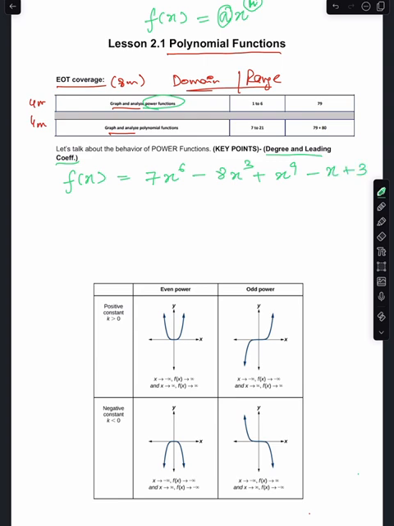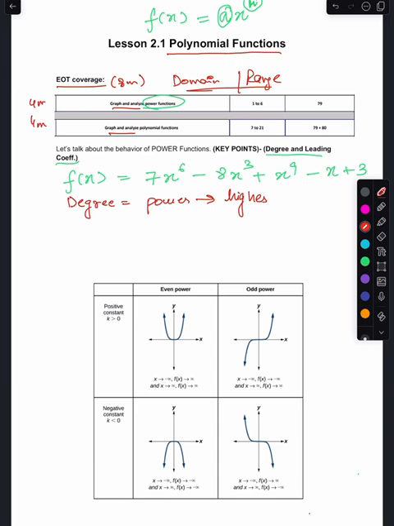Now, if the question asks, what is the degree and the leading coefficient? Degree means I am going to talk only about exponents, which are the powers, okay? But which kind of power? It is the highest of all. My polynomial should always be in the order from high power to low power. So if you are in confusion, make sure you write the polynomial in the correct form.